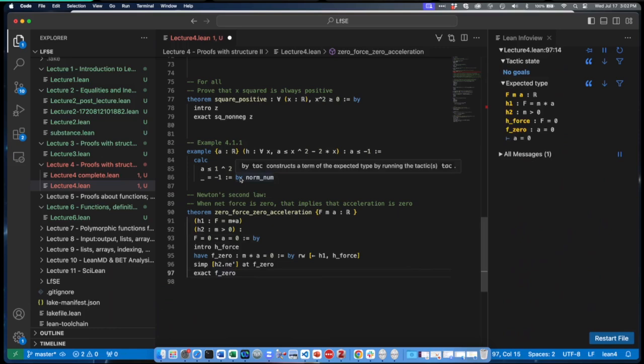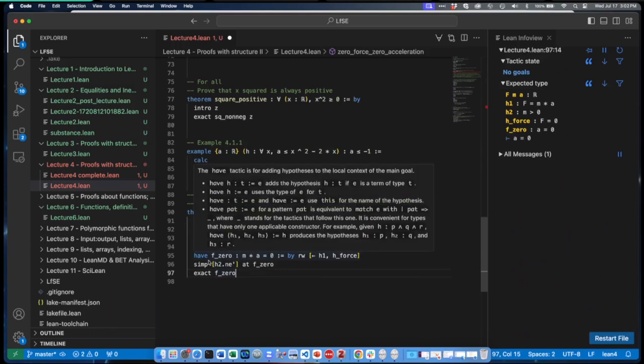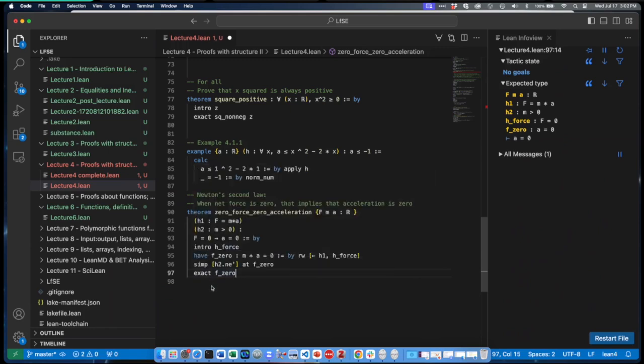If other people find an easier to understand way to prove this that I might use next year at this time of the lecture, that would be welcome, and I'd be happy to do this, because we haven't actually talked about what simp does either.